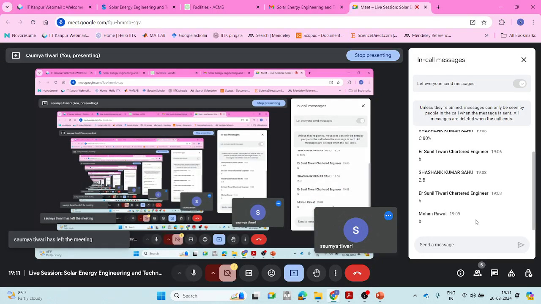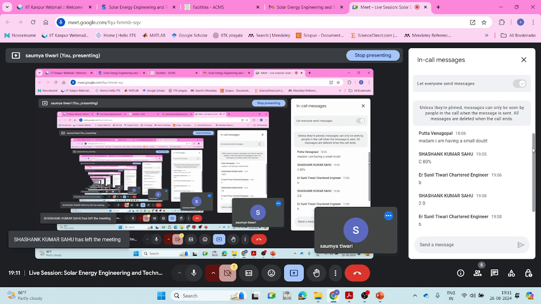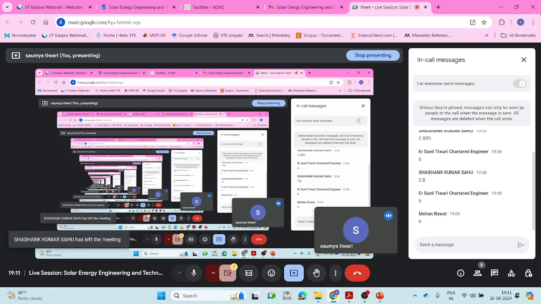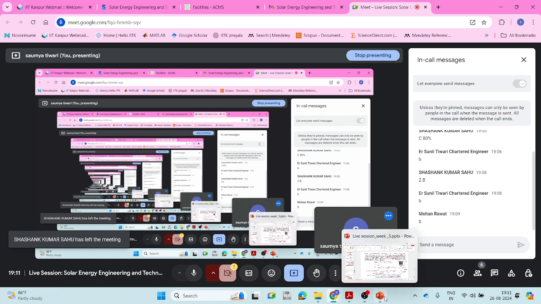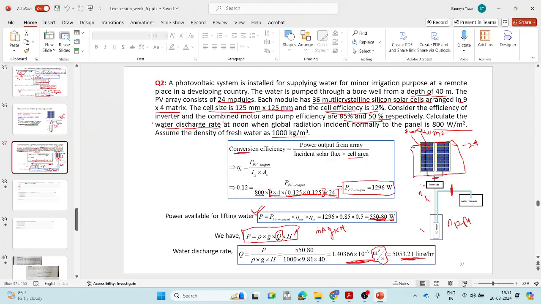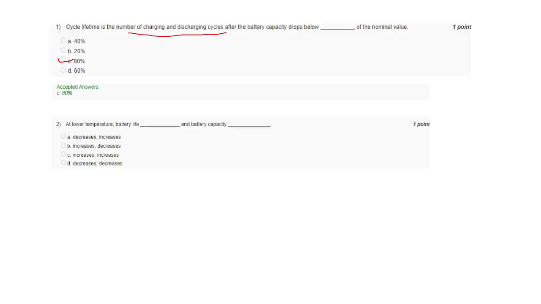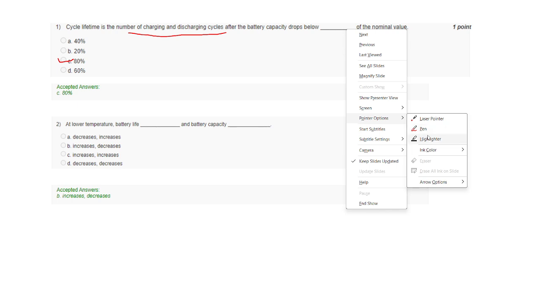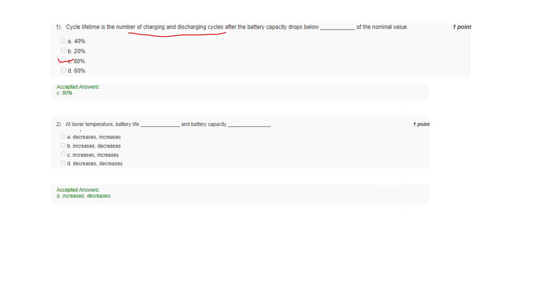So we got answer B, right? Okay. So the correct answer is answer B only. As stated earlier also, at lower temperature, battery life increases, right?